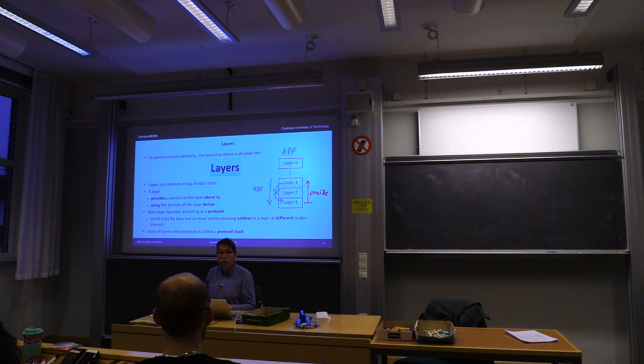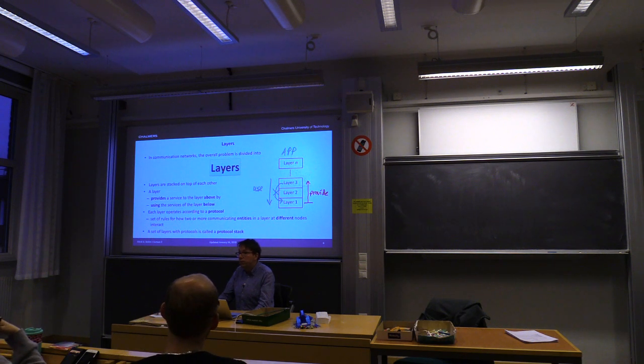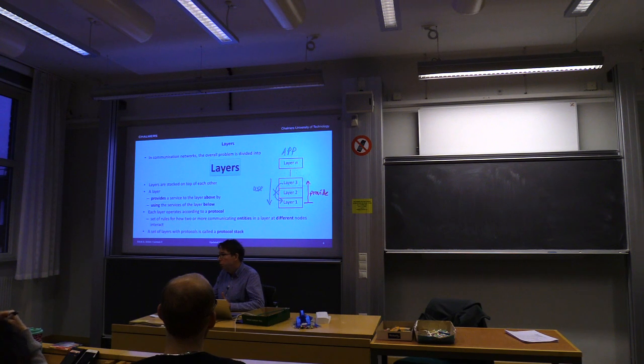Okay, questions? Yes? Is the number of layers connected to the stability? Okay, so the question is if the number of layers is somehow related to stability. Stability of what? Of the program or the app? Yeah, so no, not really. As we will see later on, the number of layers here is basically fixed by the type of model you use.